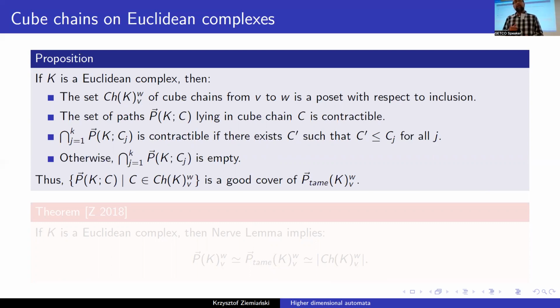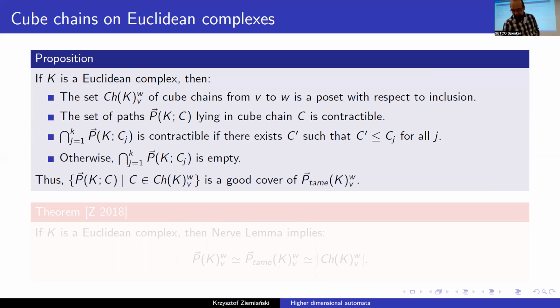Whenever you take two different cube chains and ask what the space of paths lying in both of them is, the answer is either nothing or there exists a smaller cube chain which contains both. As a consequence, this defines a good cover of the space of Tame paths.